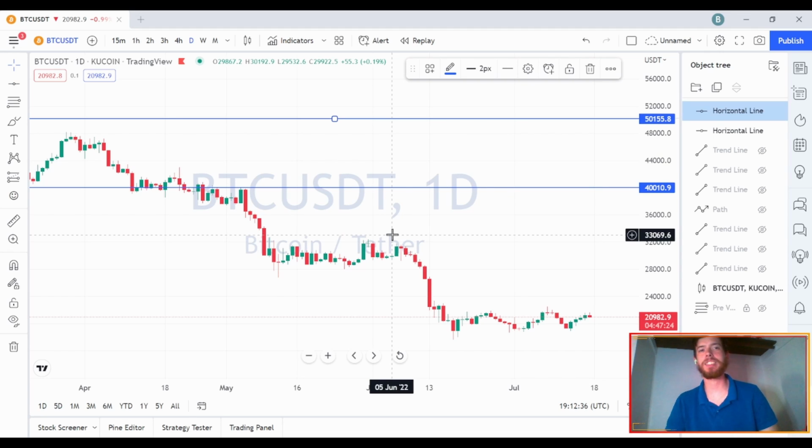It's not necessarily because of price action, it's more because it's a new whole number. Even numbers like this tend to be areas where people can kind of have mental areas of support and resistance instead of just based on previous price action.